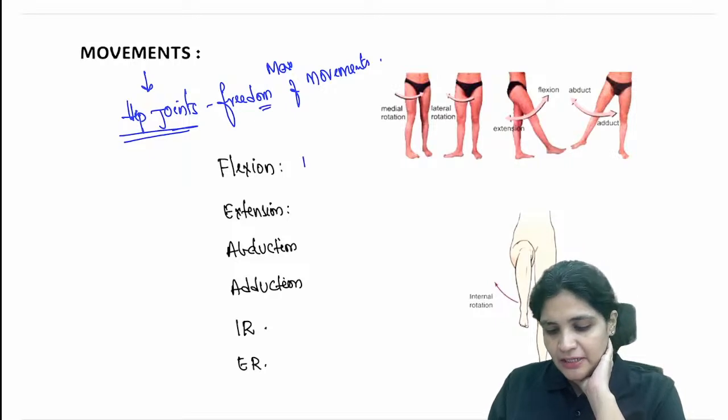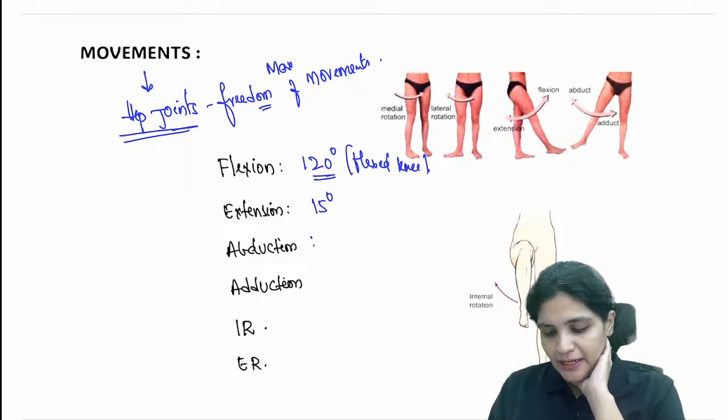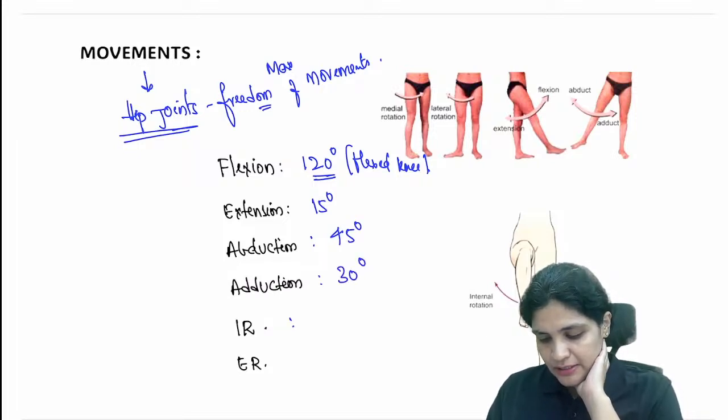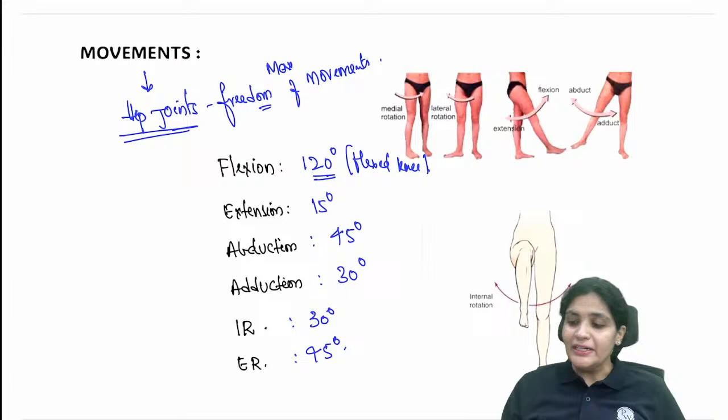So flexion is up to 120 degrees, but this is with the flexed knee. Extension is about 15 degrees. Abduction 45, adduction 30. Internal rotation is again 30. External rotation is 40. So now what did you understand by this?